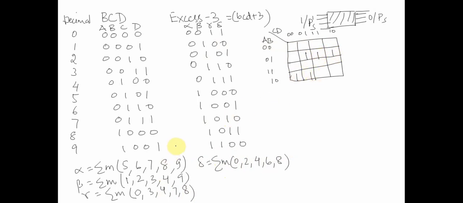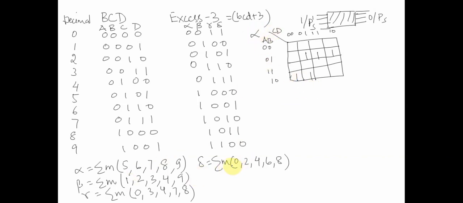And if this is my XS3 code, what do we do? We can do a circuit minimization here. Whenever we do this conversion, we can do proper grouping. So this is for my alpha, and similarly we can do it for beta, gamma and delta.